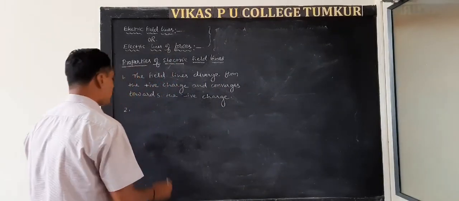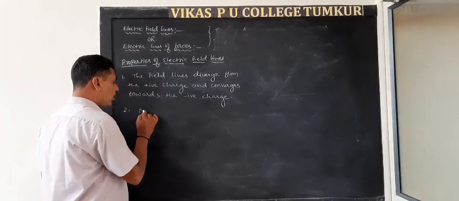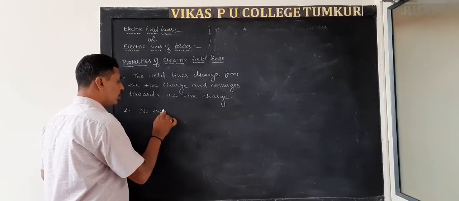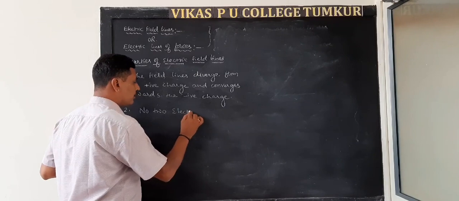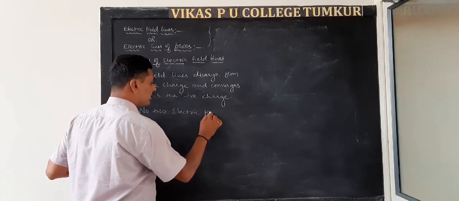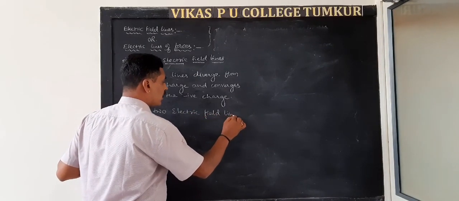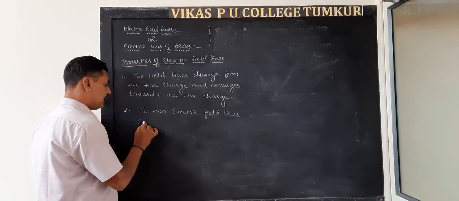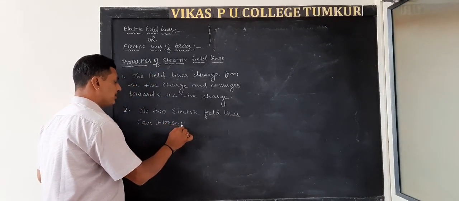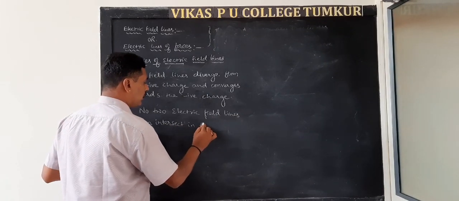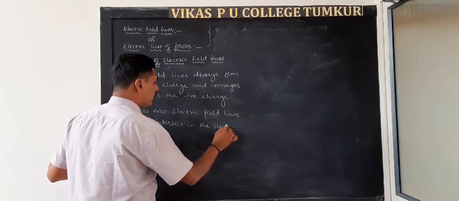So second, no two electric field lines can intersect in the electric field.